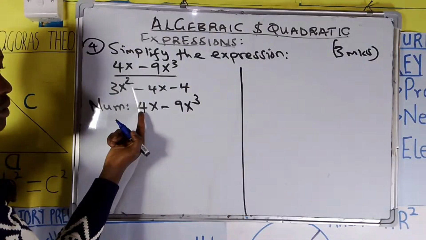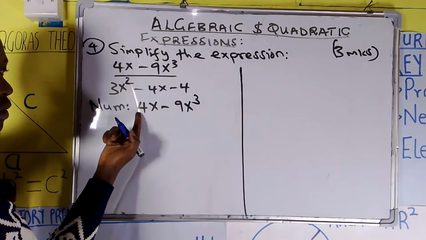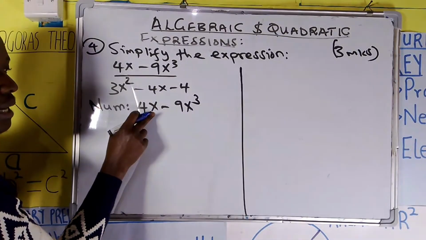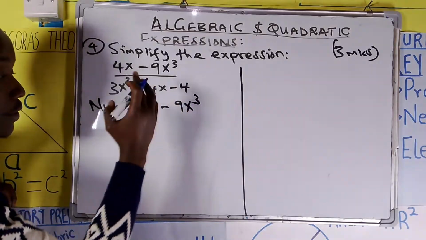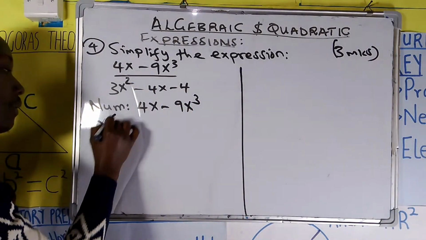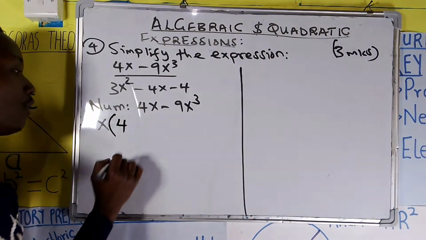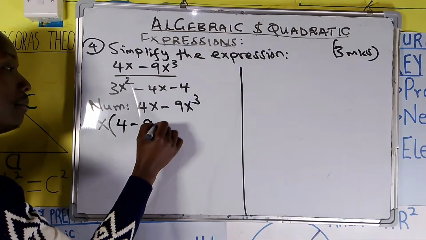Our common factor between 4x and 9x cubed, definitely it cannot be 4, it cannot be 9, but it can be x, because we have x here and x cubed here. So we are going to take x outside our bracket. Then inside the bracket we have 4 minus 9, but this one will be x squared.